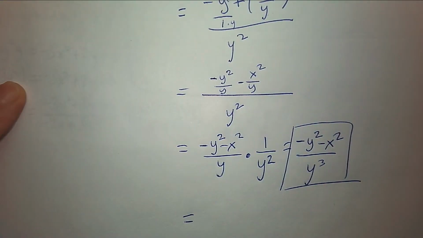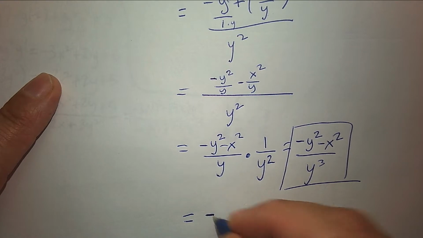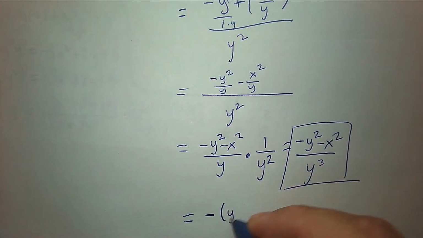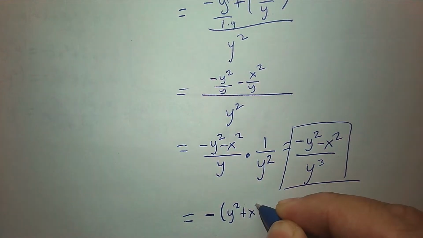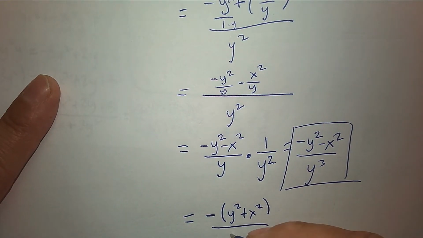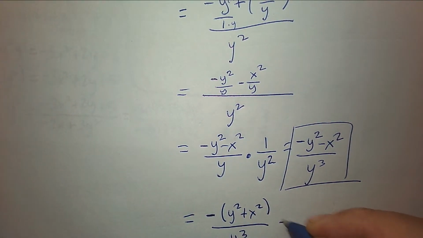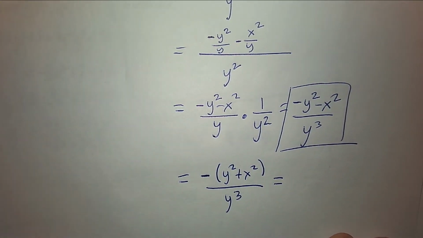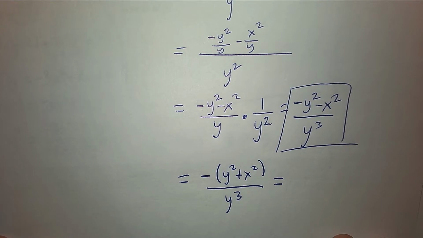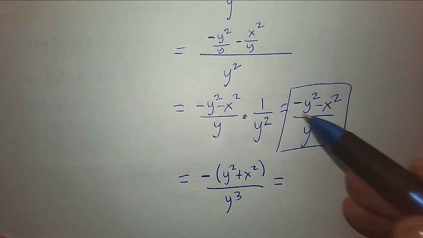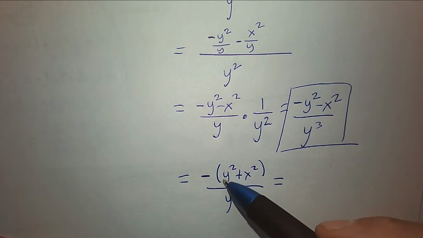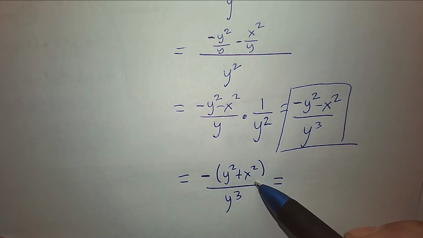I'm going to factor out a negative from both the y squared and the x squared. Remember the question says in terms of y, right? No x's. So factor out a negative from both. Do you know what y squared plus x squared equals?